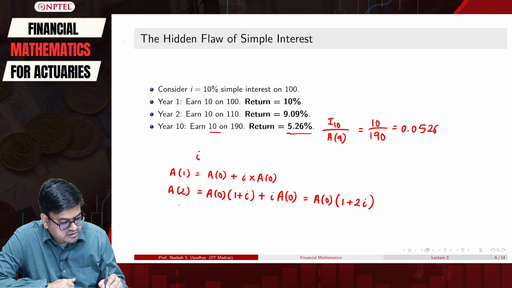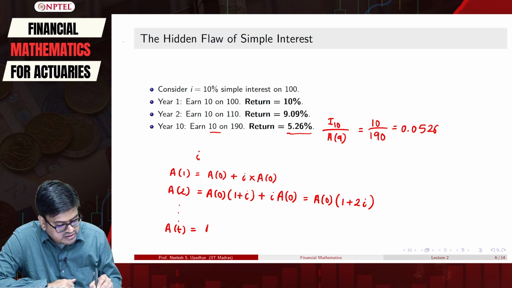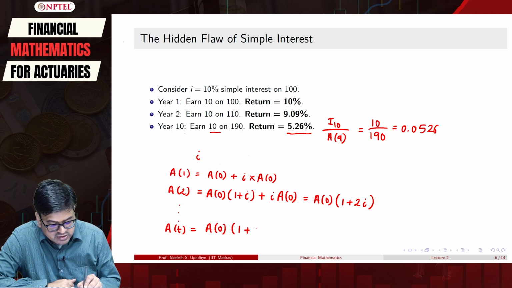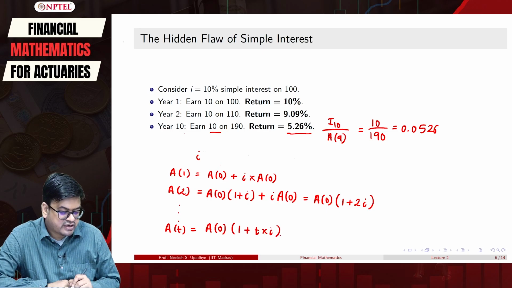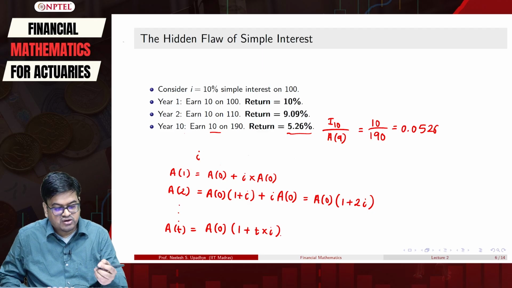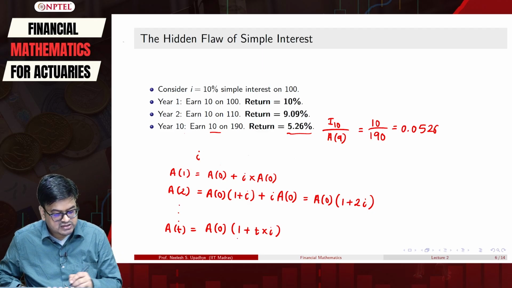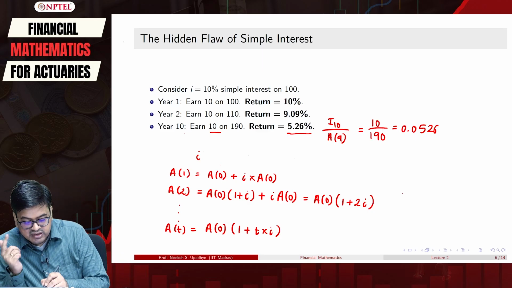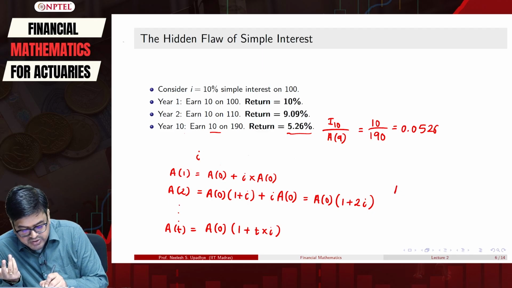In similar manner, if I continue like this, my AT will be A0 into 1 plus T times I, correct. So when I am calculating the effective rate of interest on the capital, I will essentially look at it at the end of the T year period.